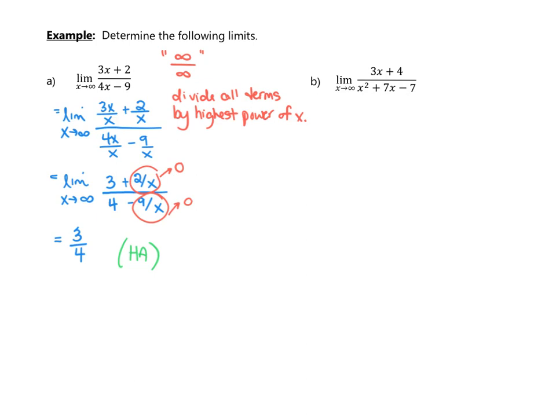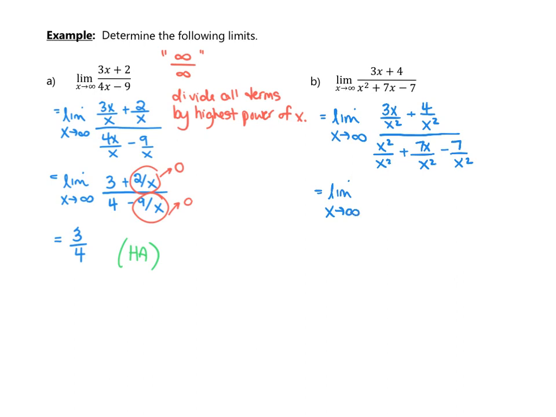Okay, I'd like you to pause the video and try the second one to the right there. Highest power in this case is x squared, so I'm dividing every single term by x squared, and that simplifies to the limit as x approaches infinity of 3 over x plus 4 over x squared on the top, and on the bottom I get a 1 plus a 7 over x minus a 7 over x squared.